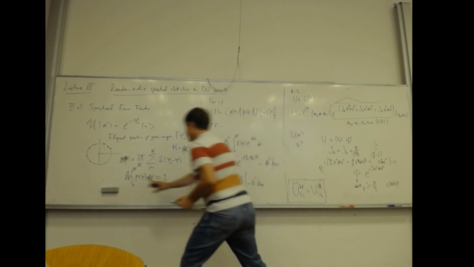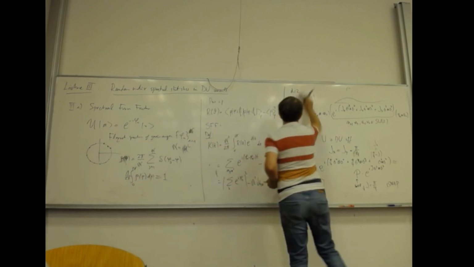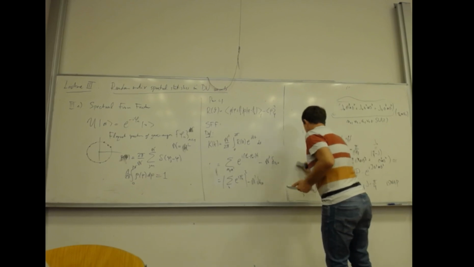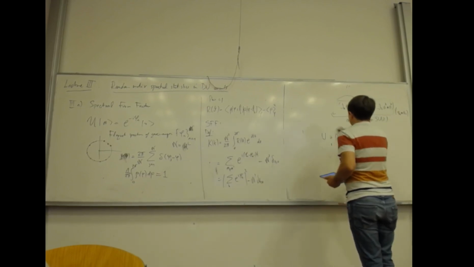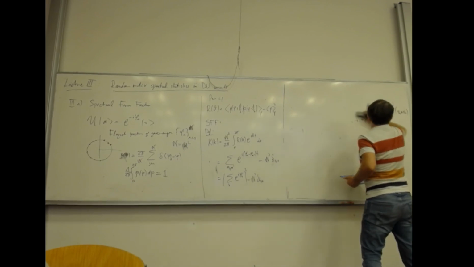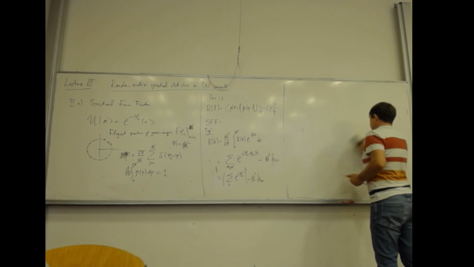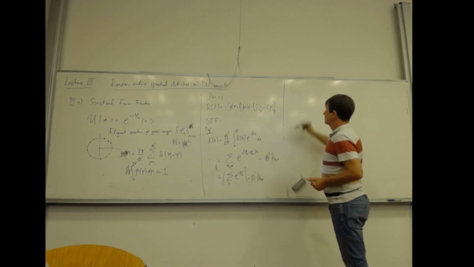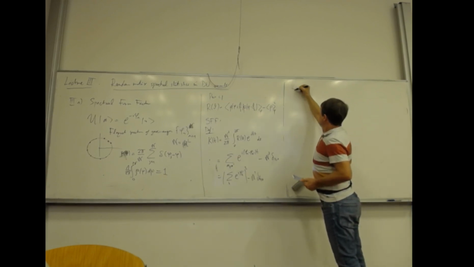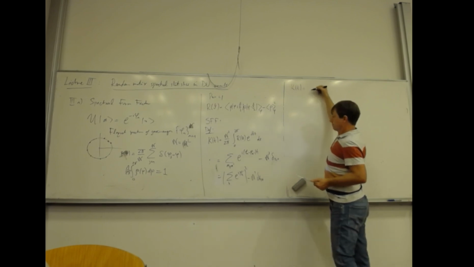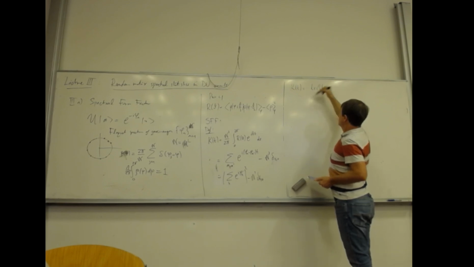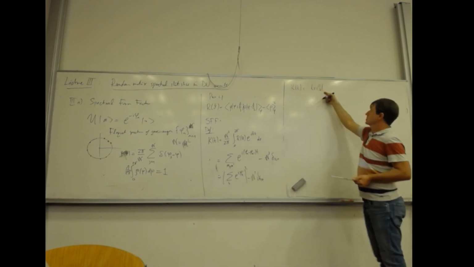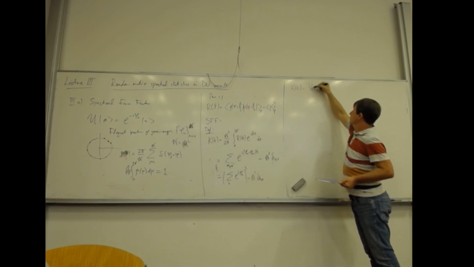So that means that the spectral form factor at time t is just the trace of this U, a trace of a big matrix to the power t, modulus squared.